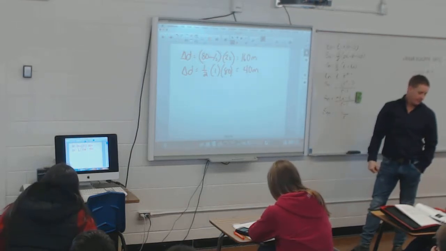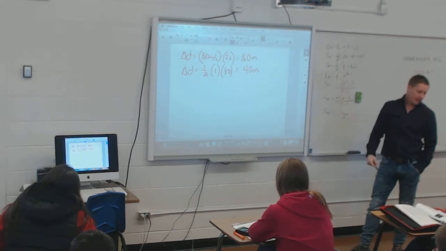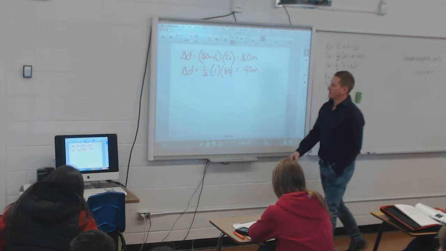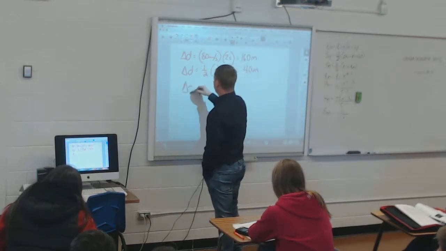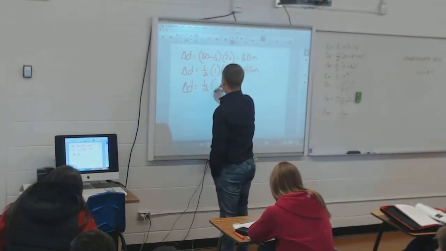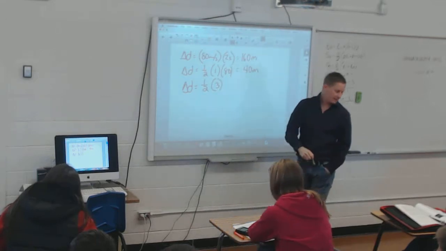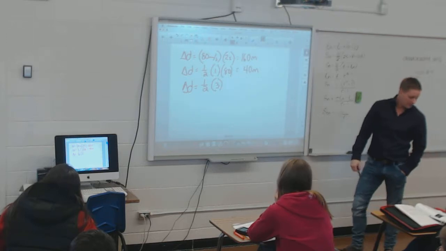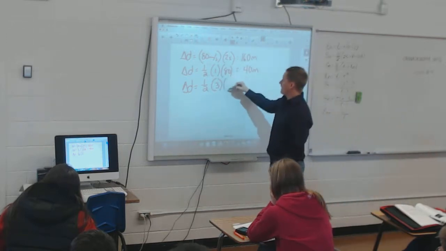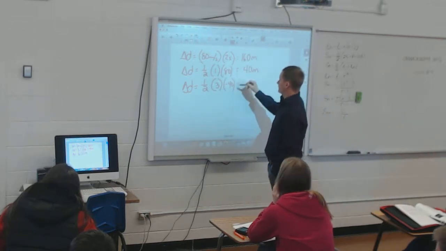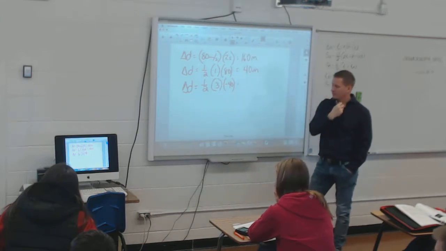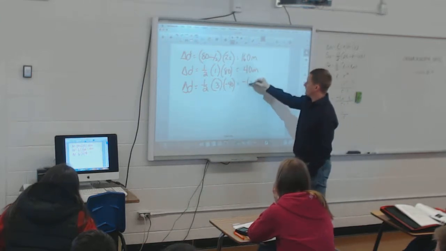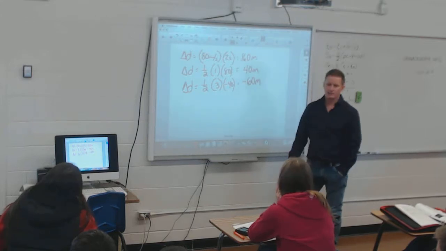And then you're stationary until 5 seconds. And then from 5 to 8, so that's 3 seconds, it's a triangle again. I'm going 1/2 times 3 times negative 40. Now I'm going to write negative 40 in here, because I need to subtract it off of this because it's going in the opposite direction.